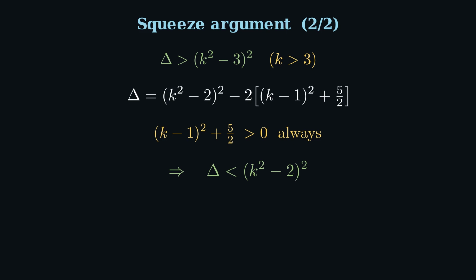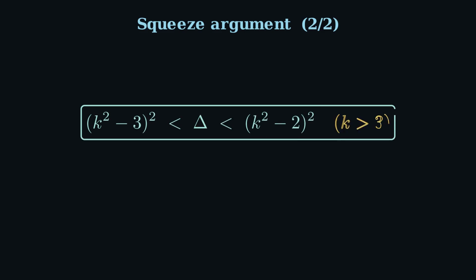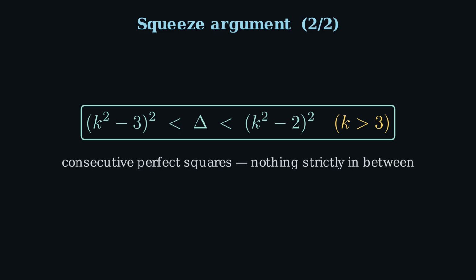So for k bigger than 3, what we have is that k squared minus 3 squared is strictly less than delta, which is strictly less than k squared minus 2 squared. And these are two consecutive perfect squares, and so there cannot be a perfect square between them. So this means for k greater than 3, no solution.